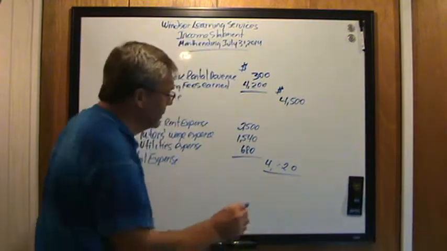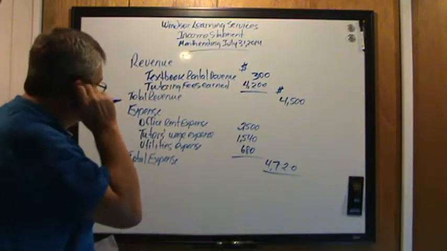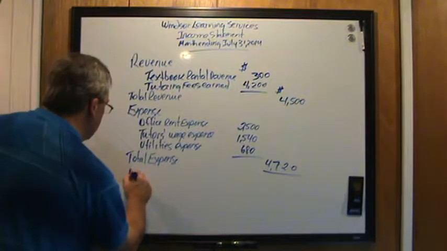Always use your calculator. 4,720 in total expenses. So we now have a net income, or if it's negative, it's a net loss.